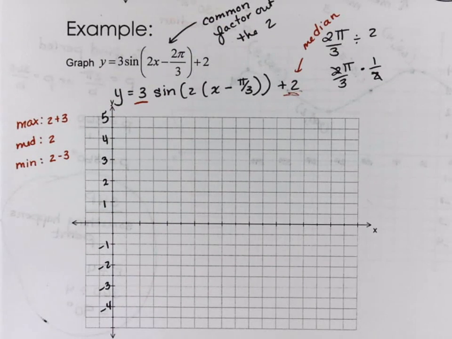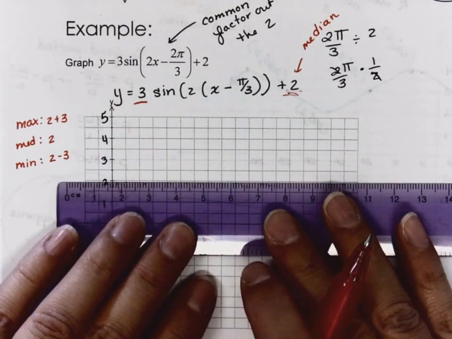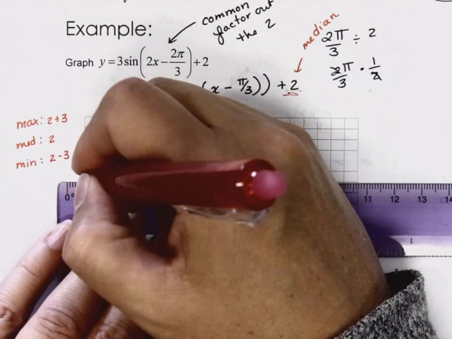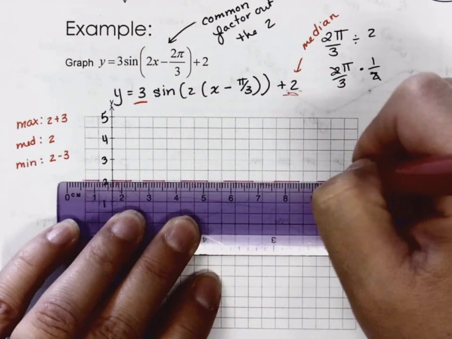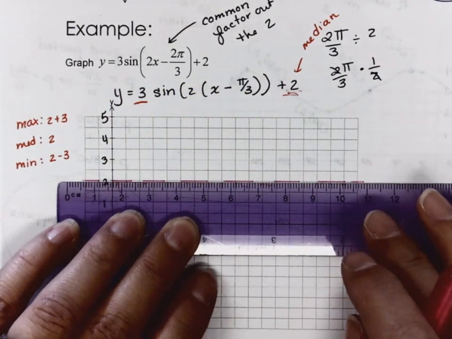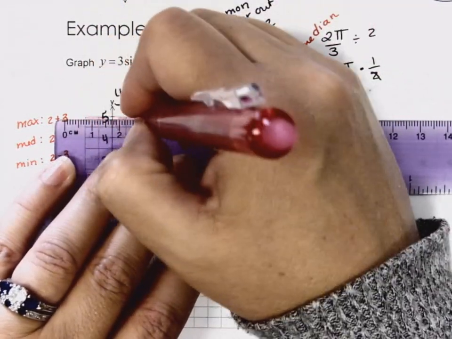Do you guys want the boundaries on there? Or do you want to try it without the boundaries? You want the boundaries? Okay. If you're feeling bold enough to not have the boundaries, try it without.